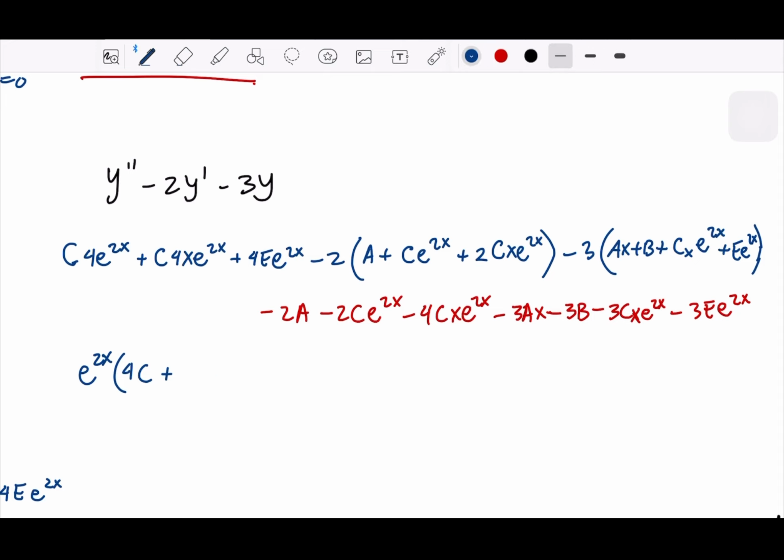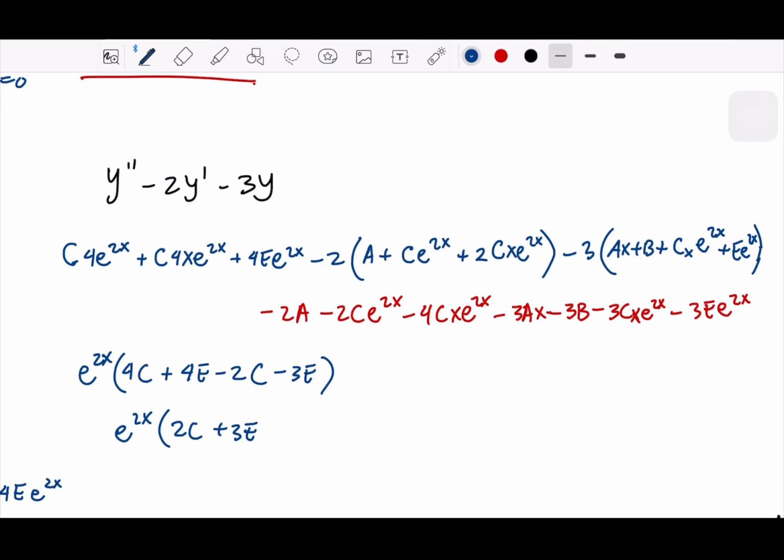So let's start with e to x. So 4c, 4e, okay. And then what else? Minus 2c and minus 3e, right? So we can have this 2c plus 3e, right?